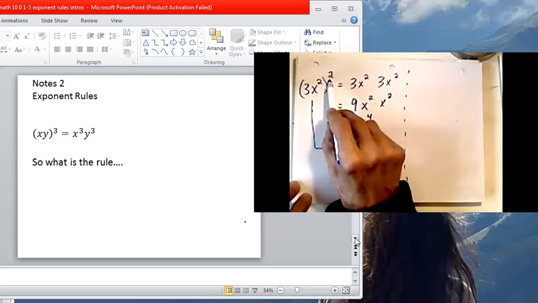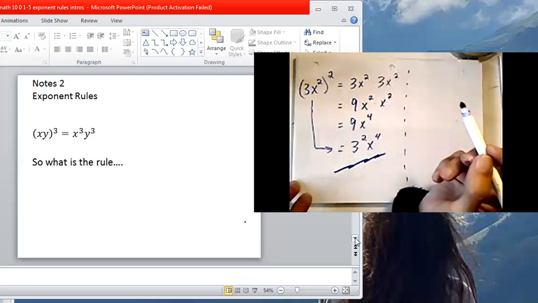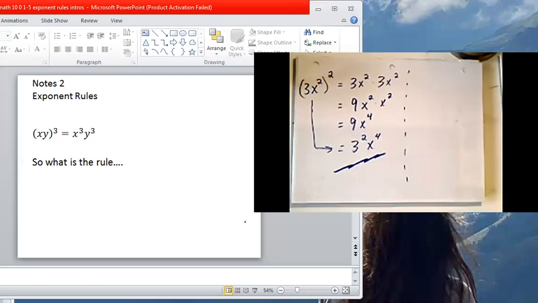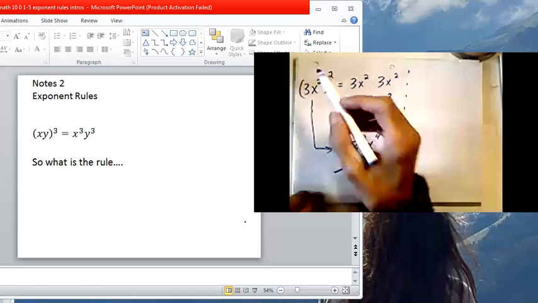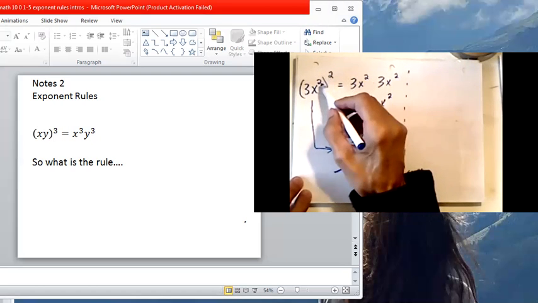So this 2 on the outside, first of all, goes to each thing on the inside.